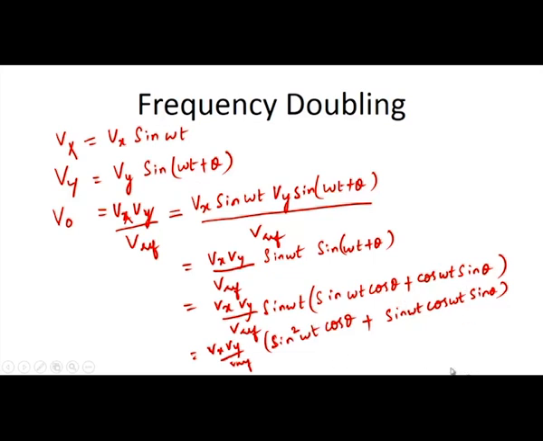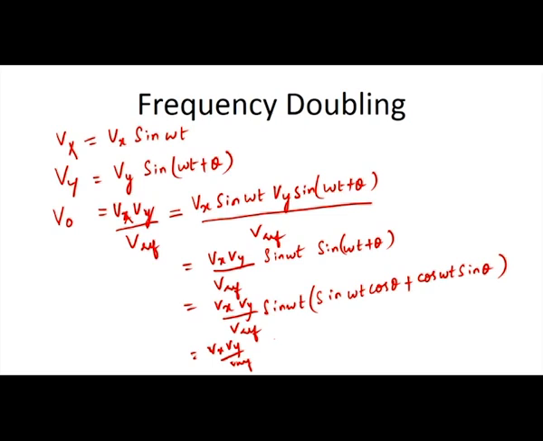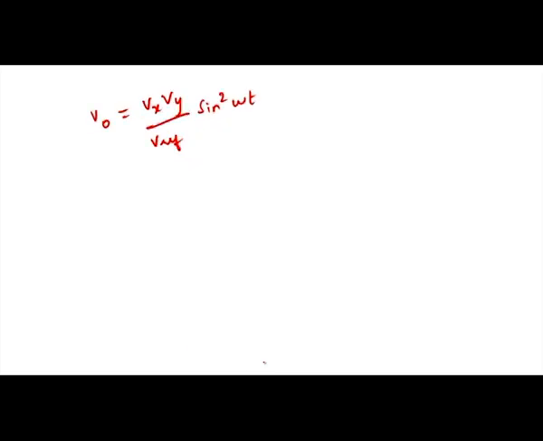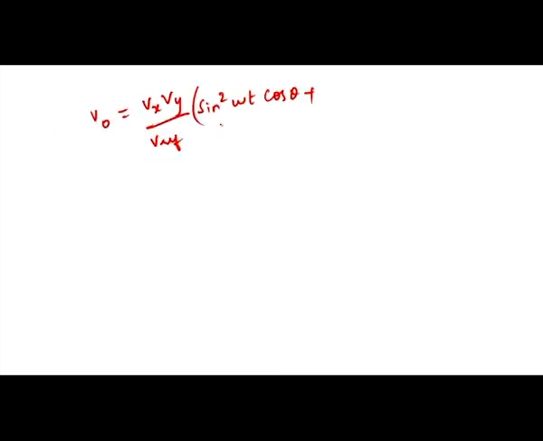And now, V naught will be Vx Vy by V reference. If you multiply the term, you will be getting sin squared omega t cos theta plus sin omega t cos omega t sin theta.